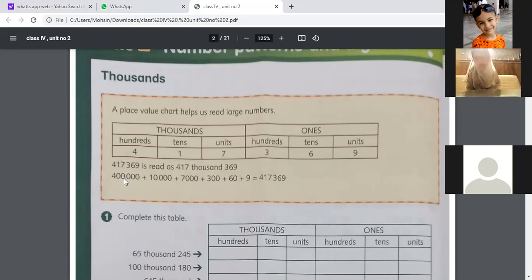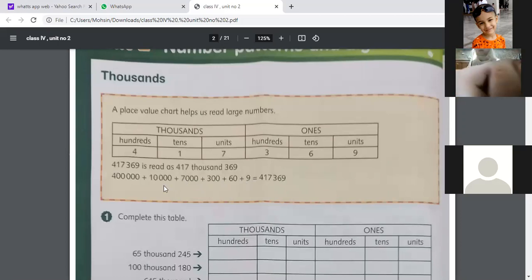We have 5 zeros. And in 10,000, how many zeros do we have? 1, 2, 3, and 4. We have 4 zeros in 10,000. And in 1,000, we know we have 3 zeros. In 100, we have 2 zeros. In 10, we have 1 zero. And in unit, we have only a 1 digit.